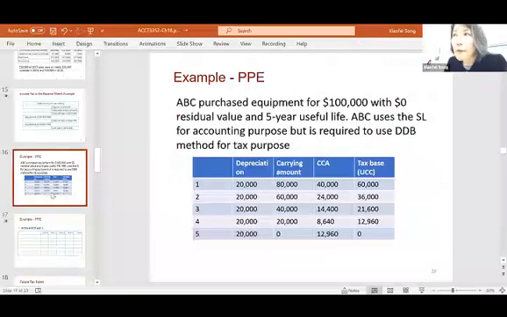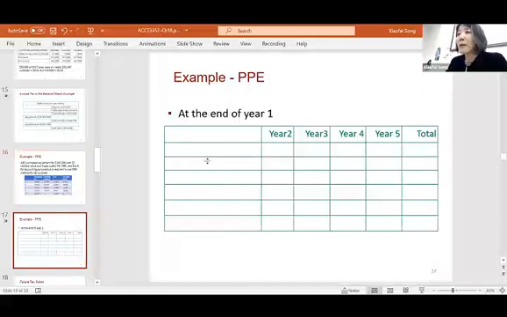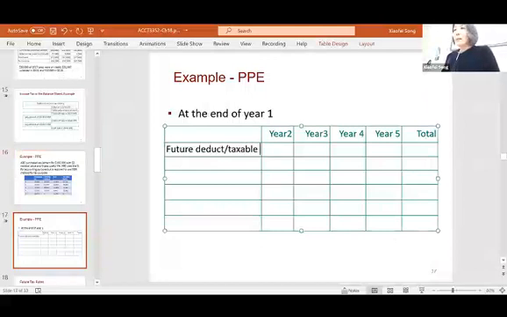If the tax rates for these years are different, then you can compute. So for year 2, the amount to be deducted for depreciation is 20,000. The amount to be deducted for tax purposes is 24,000. So there will be a future taxable amount in year 2 of 4,000.